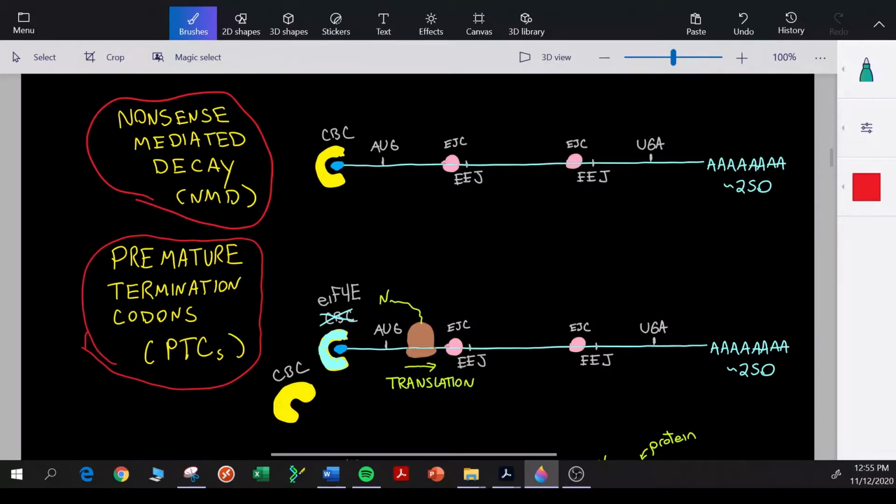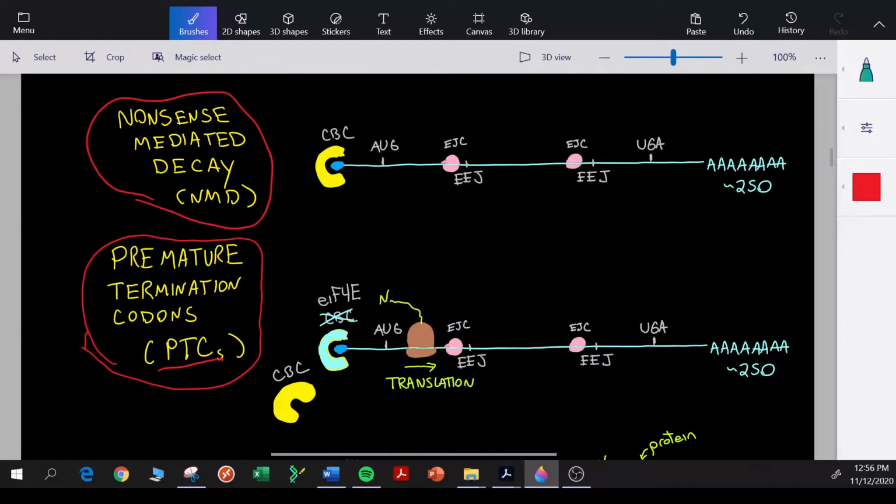And then I realized, oh no, premature termination codons. That is a PTC, premature termination codon. So I apologize for that. It was correctly described in the notes, though, so maybe you didn't even notice.